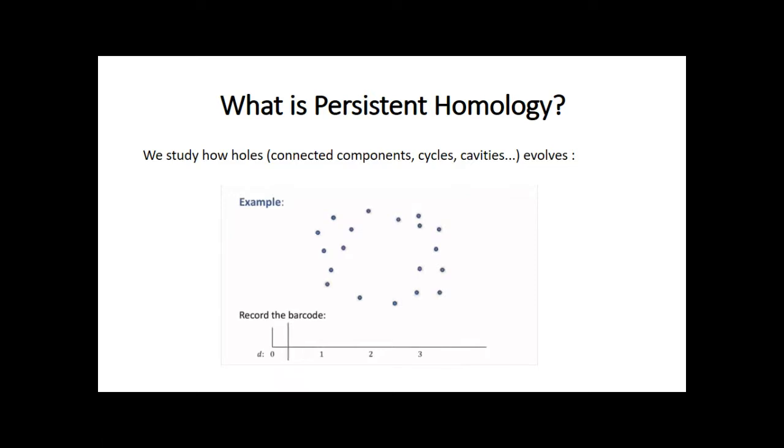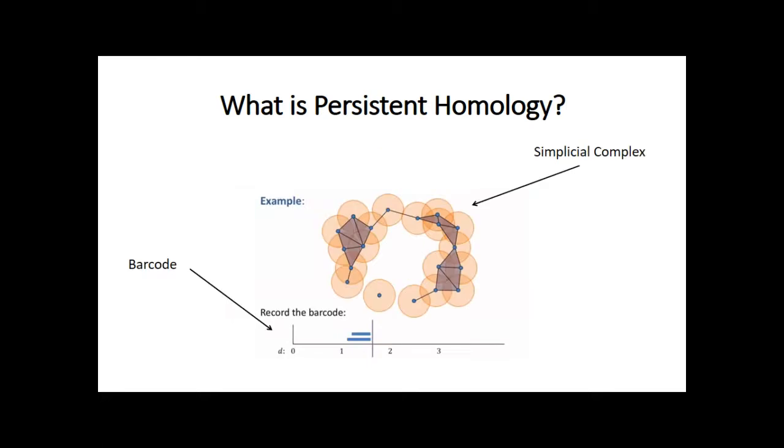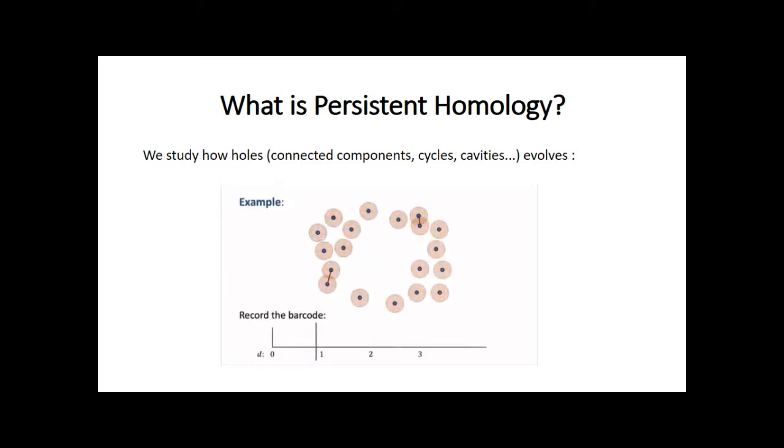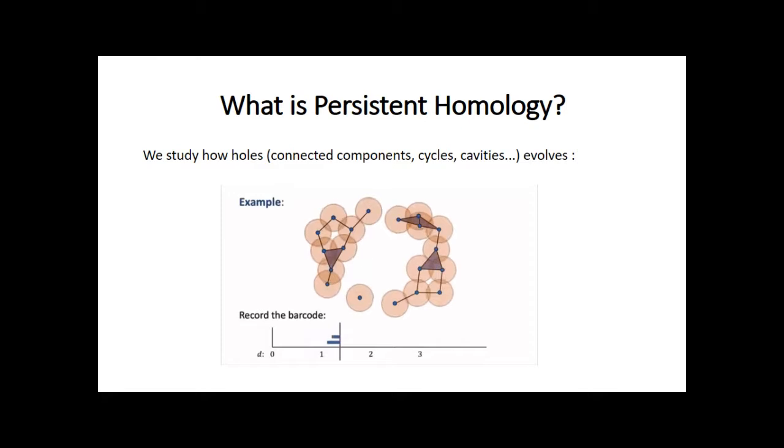We make the balls increase, and when two balls touch each other, you put an edge connecting the vertices. When three balls connect, you put a two-dimensional simplex, a filled triangle, and so on.